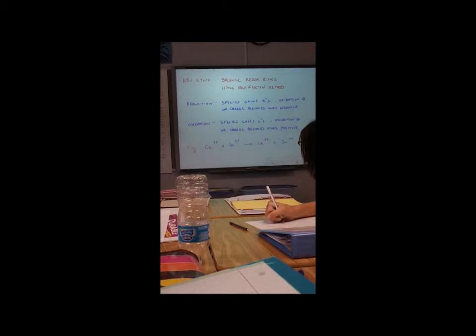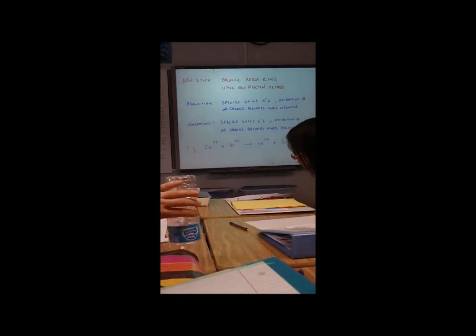Every single displacement reaction is a redox reaction. Many double displacement reactions are redox reactions. And then there are a multitude of reactions that don't fit neatly into one of those categories that are still redox reactions.